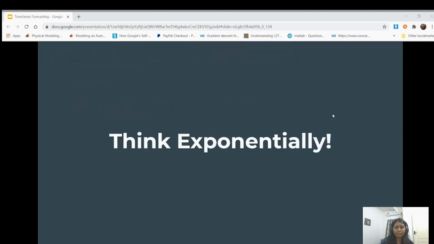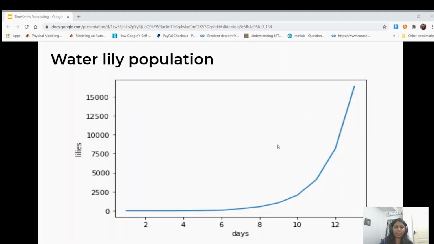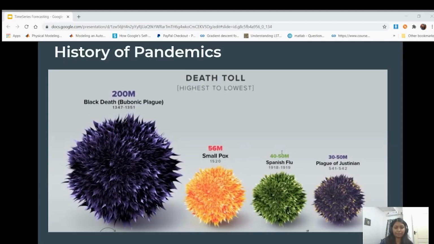According to intuition, it may take 1 week, or maybe 1 month, 2 weeks. So the answer is, when we see the exponential growth, 10 days. It's going to take 10 days for that one lily plant to reach a population of 1,000.